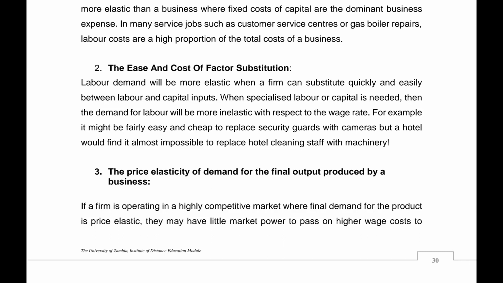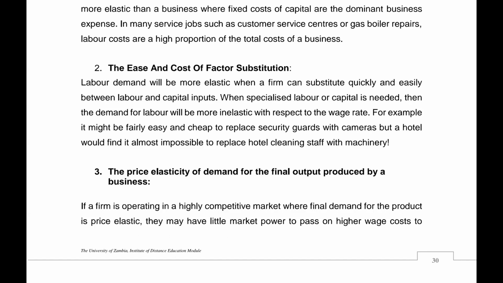So when specialized labor and capital is needed, then the demand for labor will be more inelastic with respect to the wage rate. That simply means that when you need specialized labor, the demand for labor will be more inelastic, which means it will not be responsive to the wage rate.